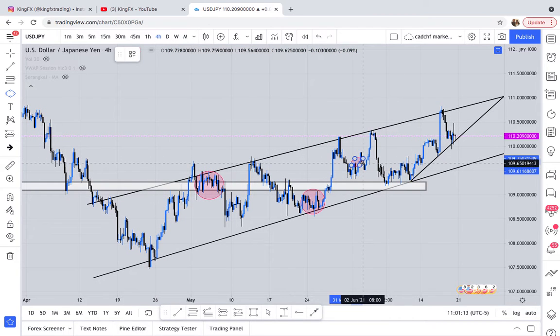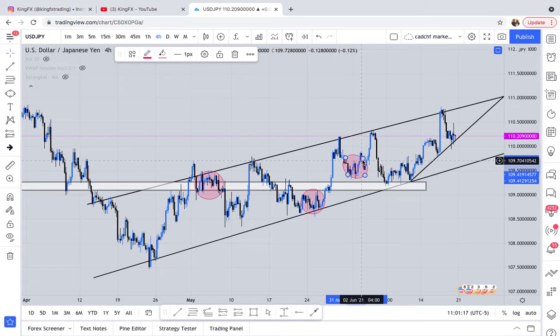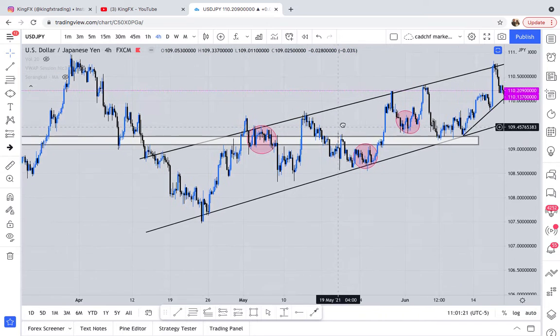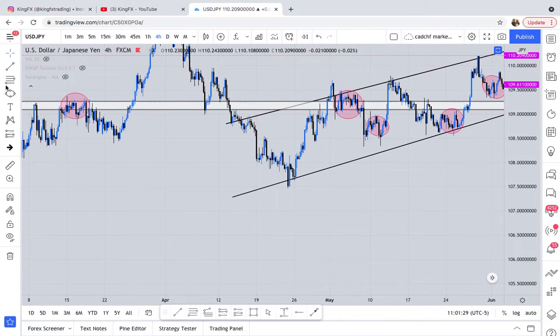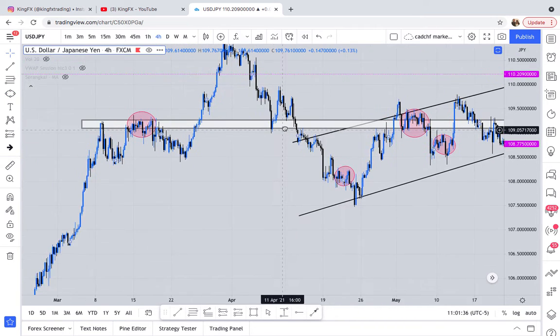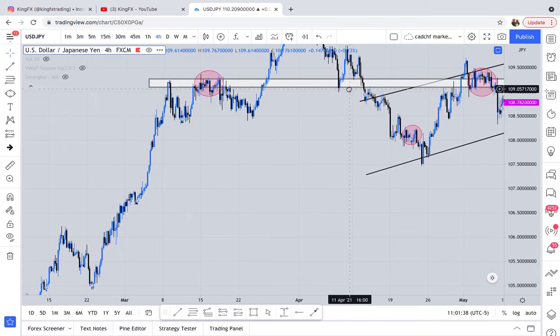There might be a little bit of consolidation right in here, but not nearly as much as the others. This area right here, consolidation. You get the idea.